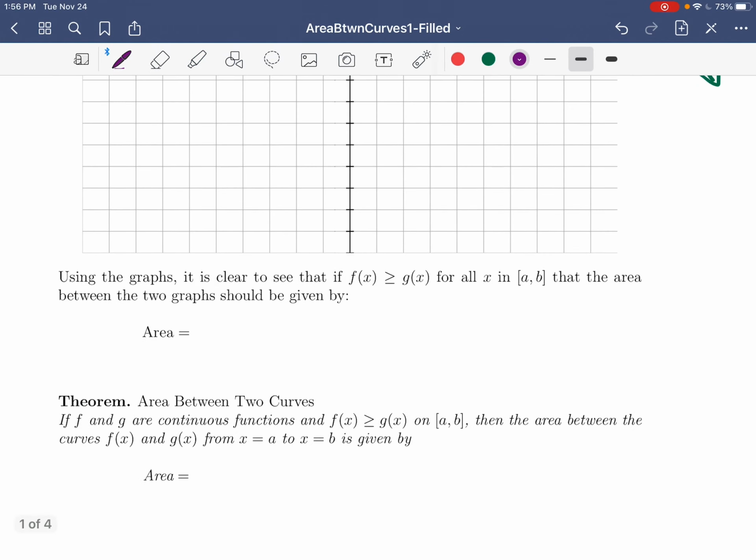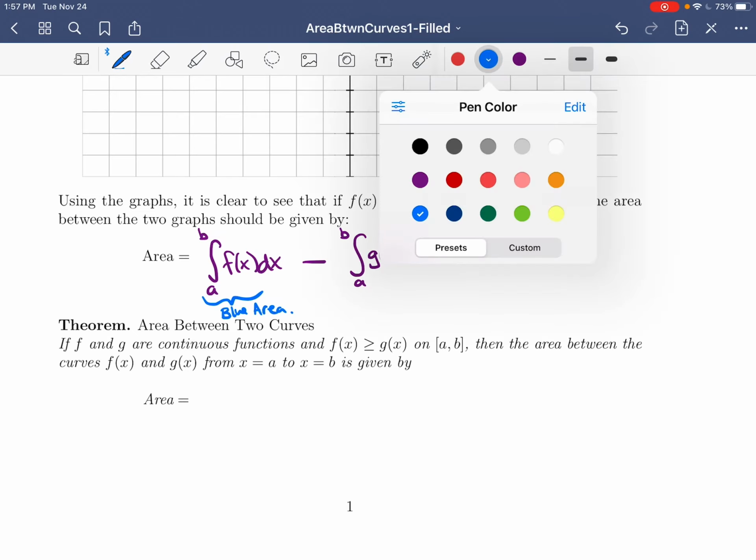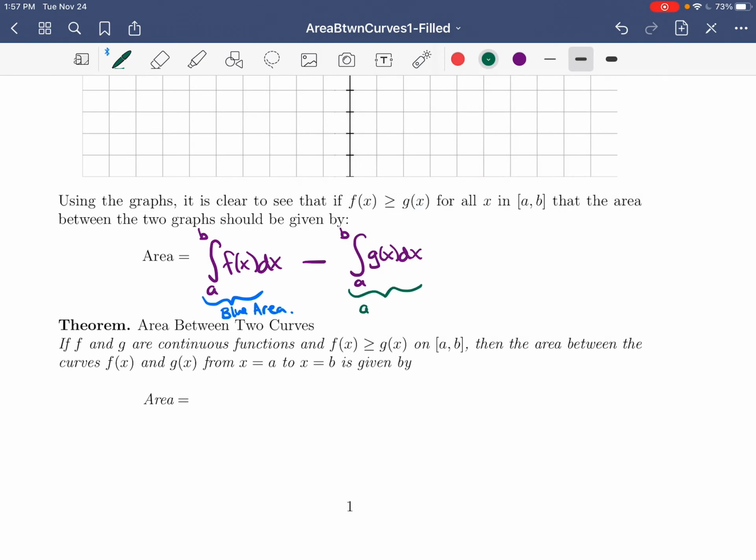So when you have one function that's bigger than the other for the entire interval, the area between them is the area under f of x, the blue area in the picture, subtracted by the green area, which is the definite integral from a to b of g of x dx.